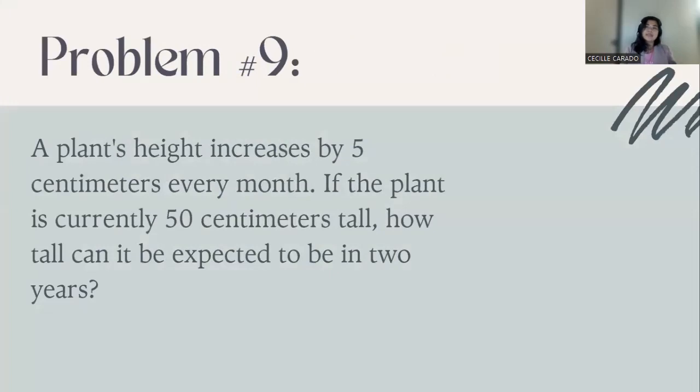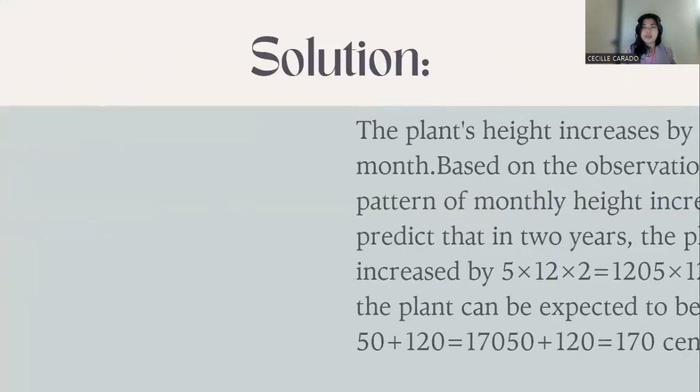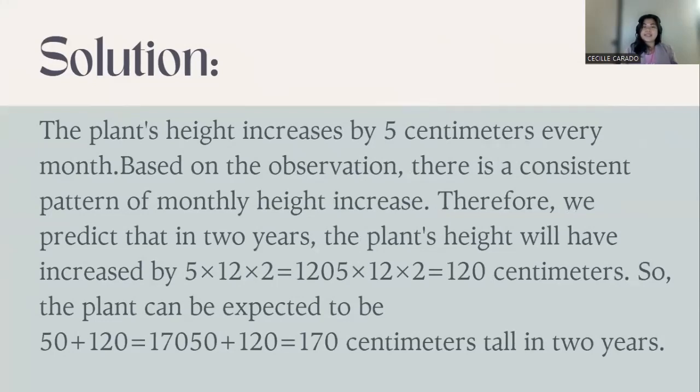Problem number 9: a plant's height increases by 5 centimeters every month. If the plant is currently 50 centimeters tall, how tall can it be expected to be in 2 years? Solution: the plant's height increases by 5 centimeters every month. Based on the observation, there is a consistent pattern of monthly height increase.